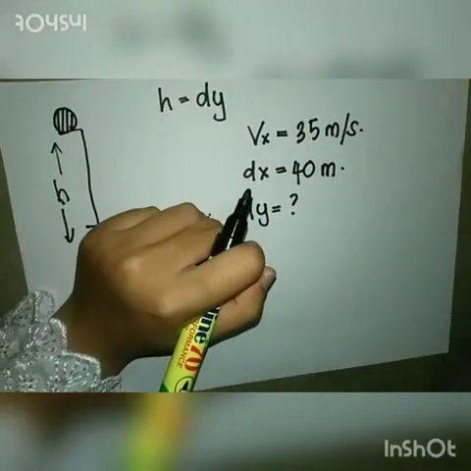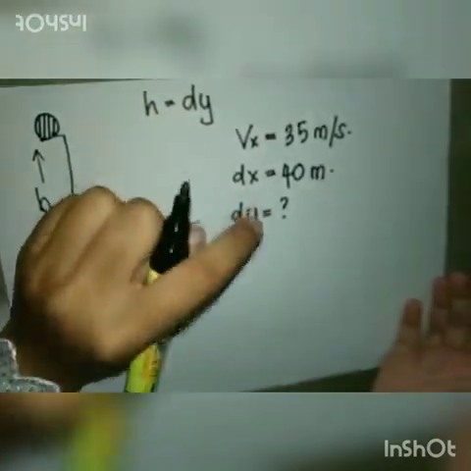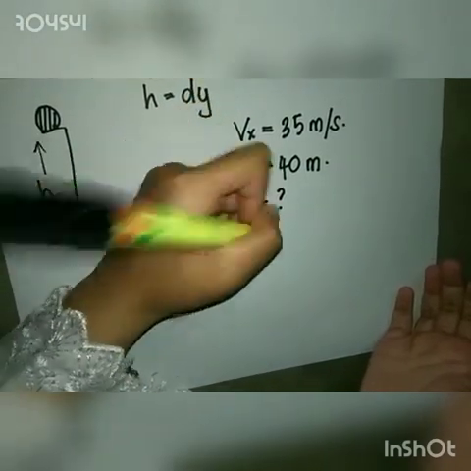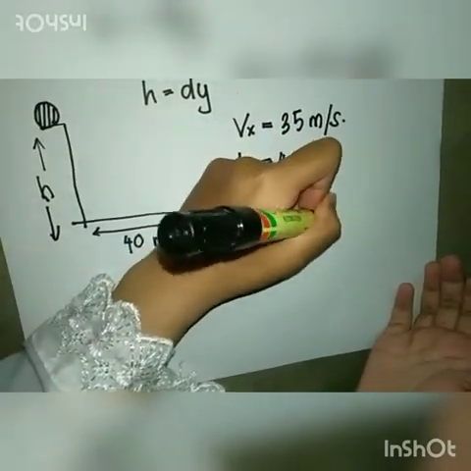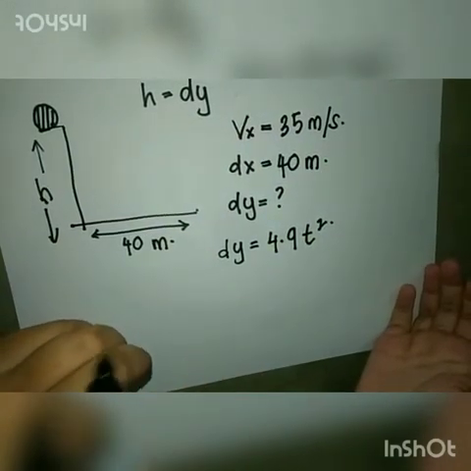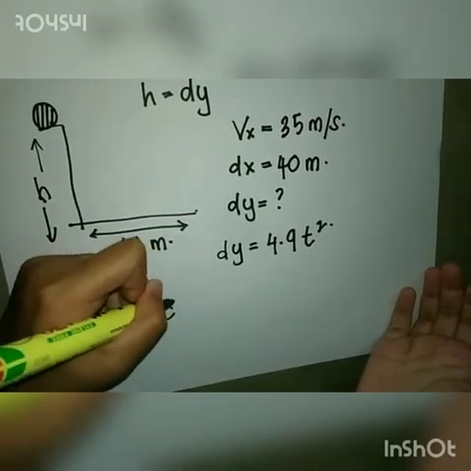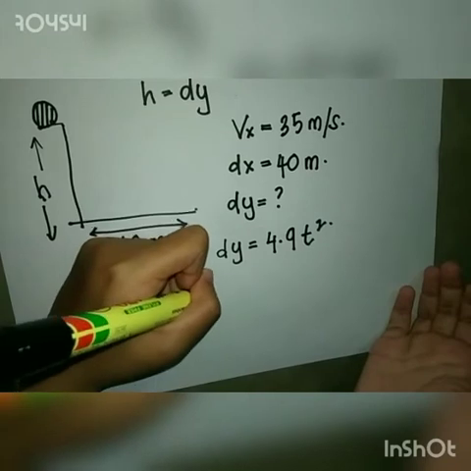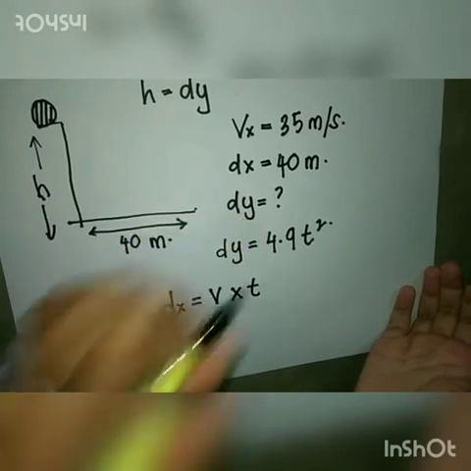But we do not know the time. To find dy, we have to use this formula, 4.9 t square. So we must find the time first. To find the time, we use this formula: displacement of component x equals speed multiplied by time.